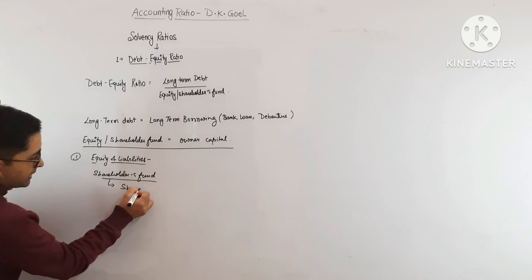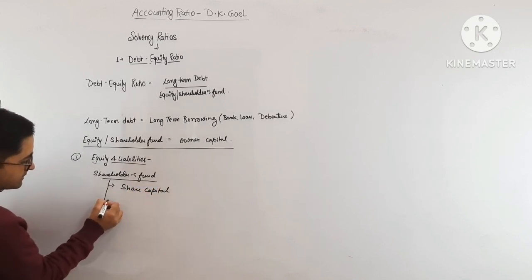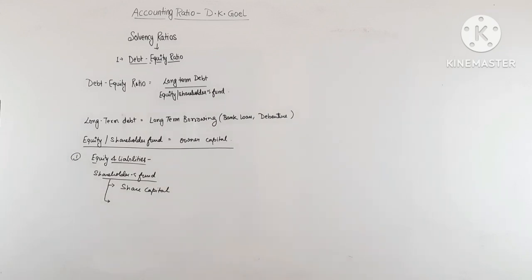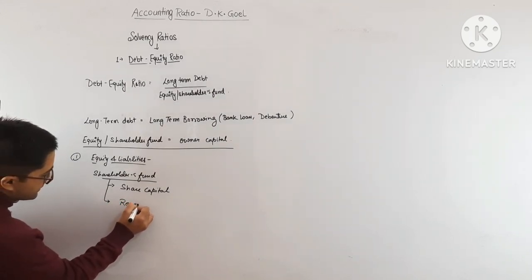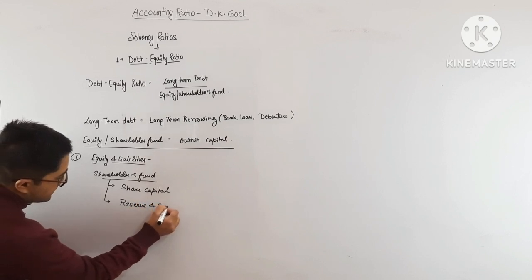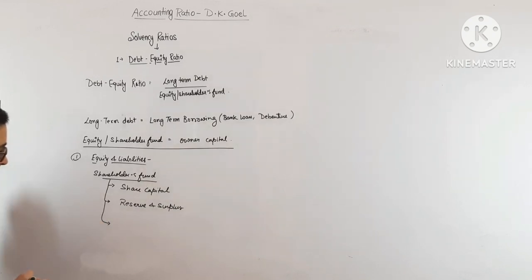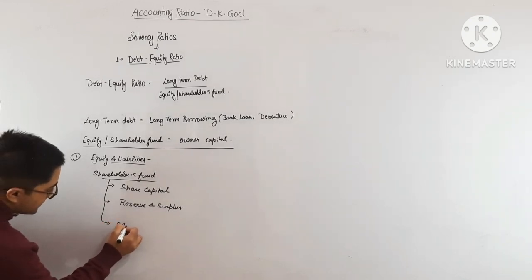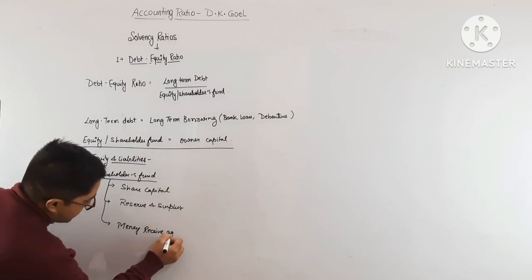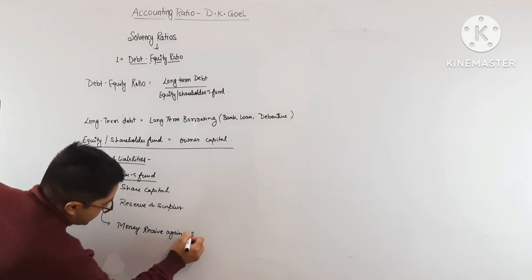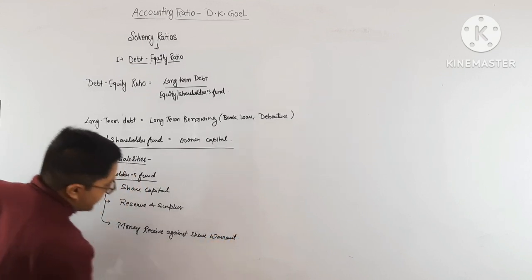First of all, share capital. The second is reserve and surplus. And the third one is money received against share warrant. Clear?